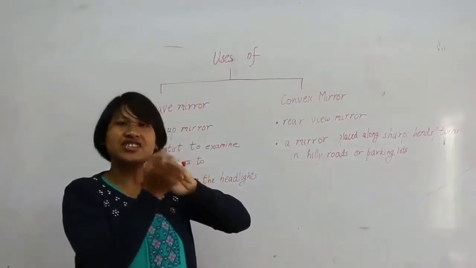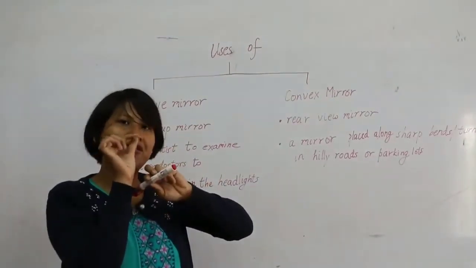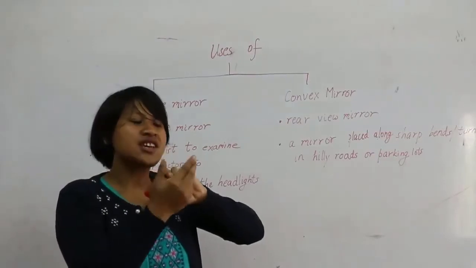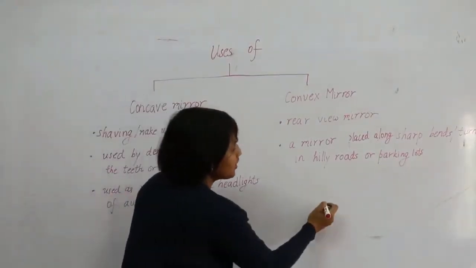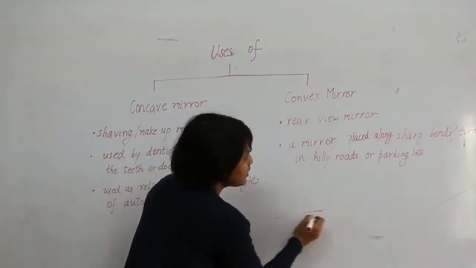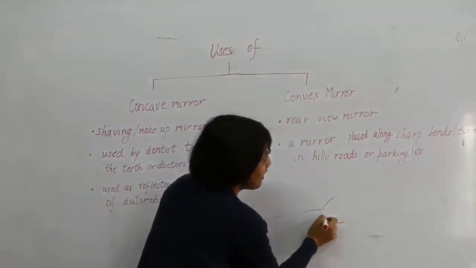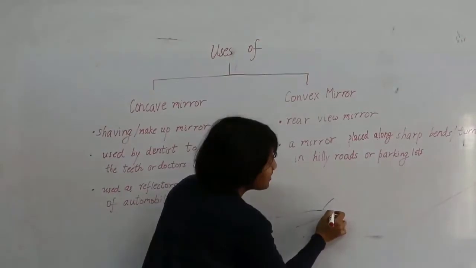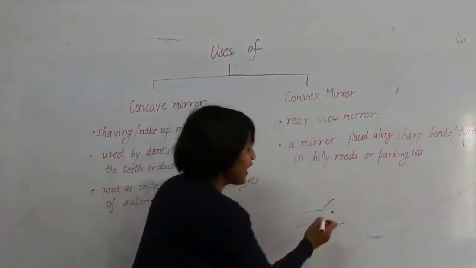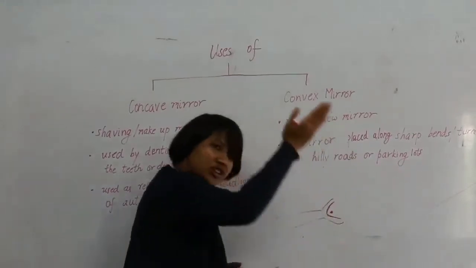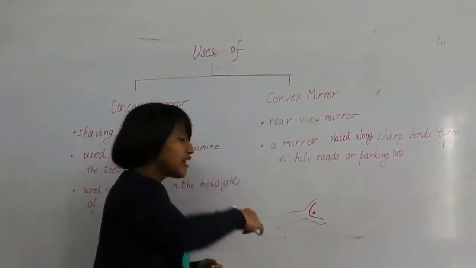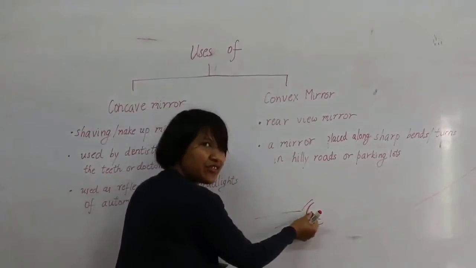Because they have adjusted that small bulb of light in the torch in such a way that it is at the principal focus. Imagine this is the torch and they have placed the small bulb here, and the inner part is concave, placed so that the bulb is at the focus.